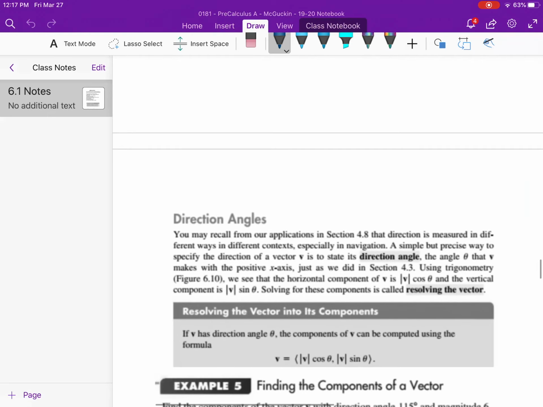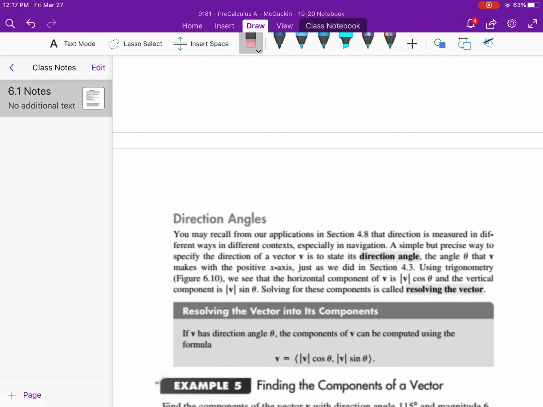You don't have to write this down, but to put it into perspective: if this is the direction of north, and I said 30 degrees east of north, that is making a 30-degree angle east of north. And that could have been played around in a lot of different areas. That's what we are talking about in terms of a direction angle.